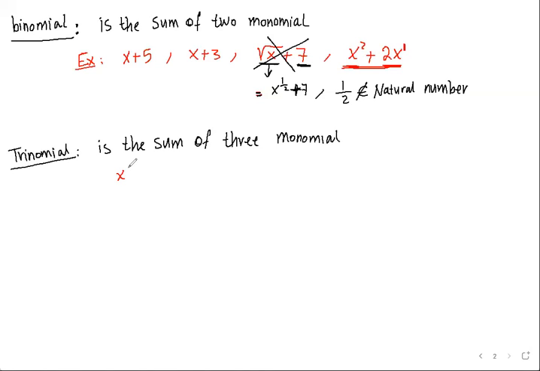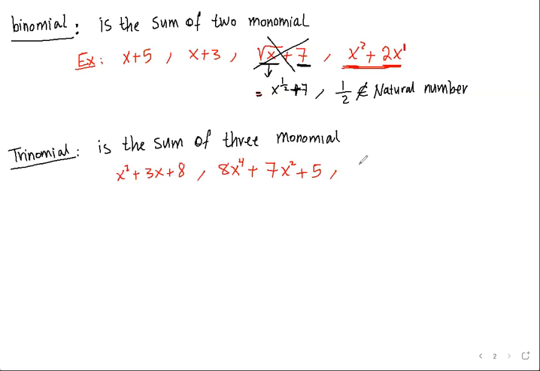Is it x squared plus 3x plus 8? Plus 8, yes. Who will give me another one? Same thing, 8x to the power 4, for example, plus 7x to the power 2 plus 5. This is a trinomial.